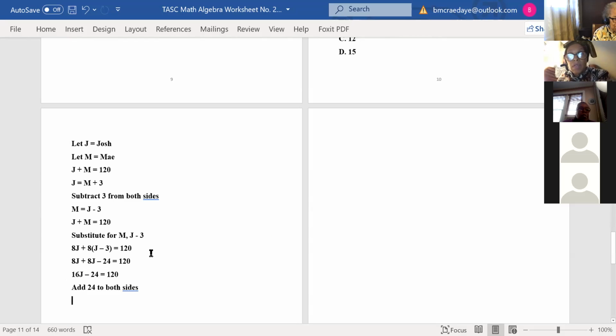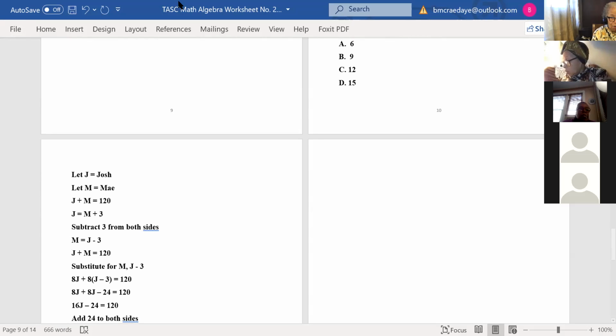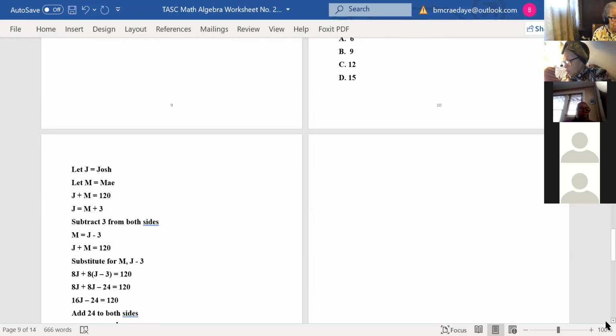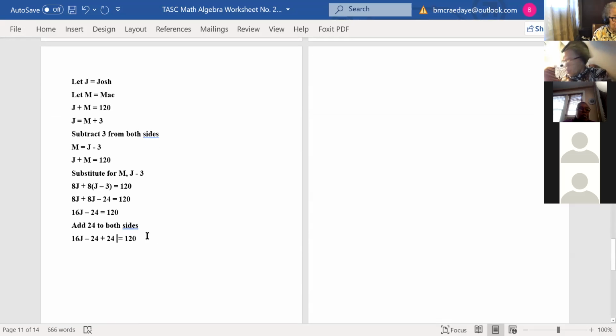I get 140. I'm adding 24 on both sides. And that would be plus. So what do I get on the left side?